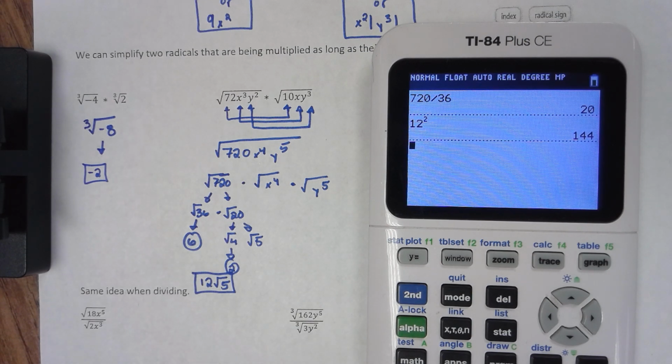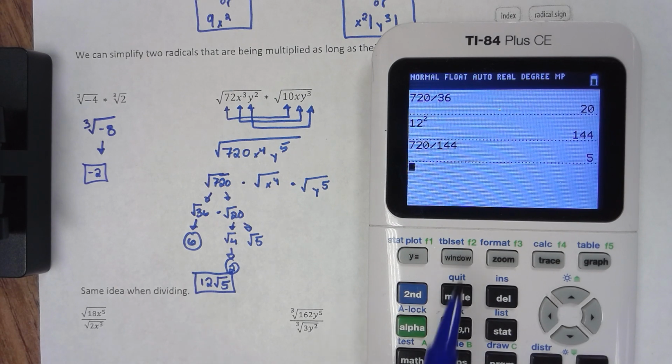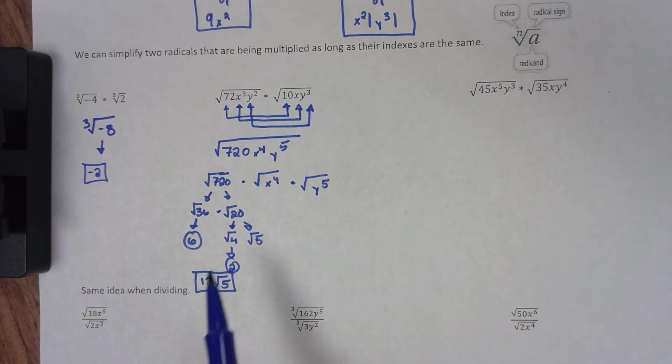I could have taken 720 and divided it by 144, to where I get root 144 times root 5. Root 144 is 12. So if you don't get the largest perfect square, that's okay. But again, make sure you're keeping the square root around that term until you finally take the root of it.